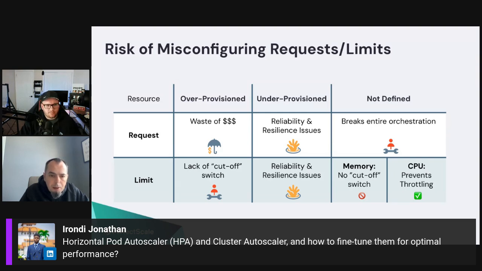So the question is about horizontal pod and cluster autoscaler, how to fine tune them to optimal performance. Yep, that's it. Yeah. So we will talk about this during the demo. Perfect. And after the demo. Perfect. Okay, so let me share the screen back and let's continue with the demo.